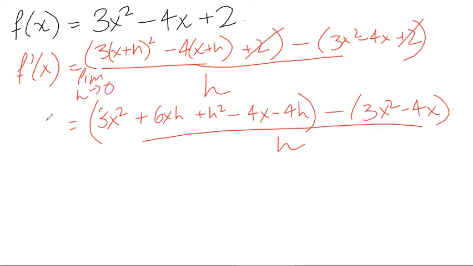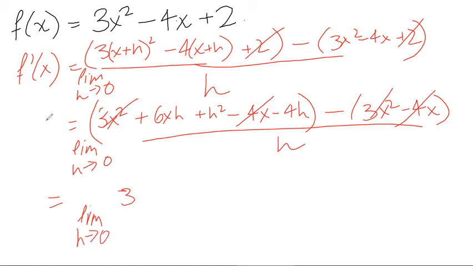The limit as h approaches 0. Well, we can cancel out the 3x squared terms right here, and the negative 4x terms right here, and we would pretty much have a simplified answer. This is equal to the limit as h approaches 0 of, there is no 3x squared term, 6xh plus 3h squared minus 4h, divided by h.